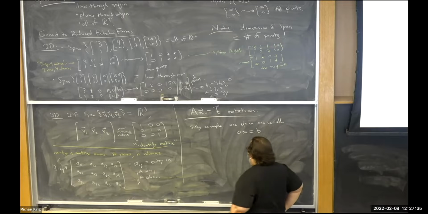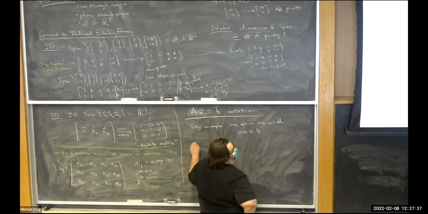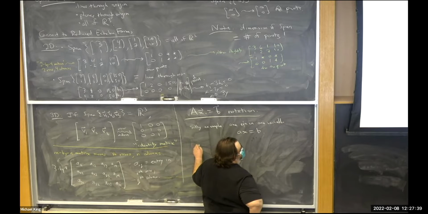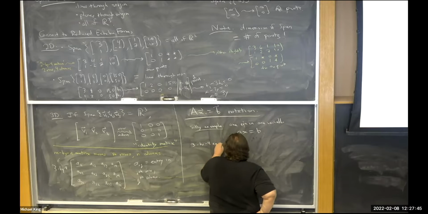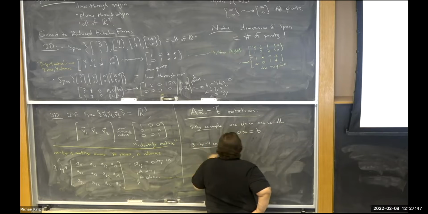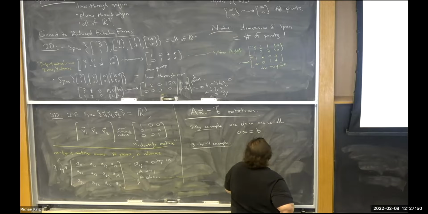Okay, so this is a 3x4 example. The coefficient matrix at least is 3x4. Let's go ahead and write it down. It's always good practice to write things down.